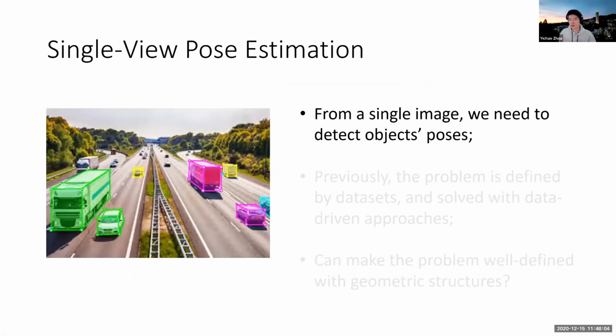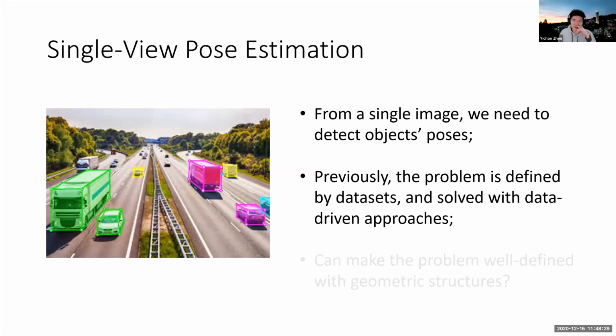So let's take a look at the problem of single view pose estimation. I think this is really popular recently due to autonomous driving, right? From a single image, we want to get every object out, and their 3D bounding box. Basically, this is what most autonomous driving startups are currently doing.